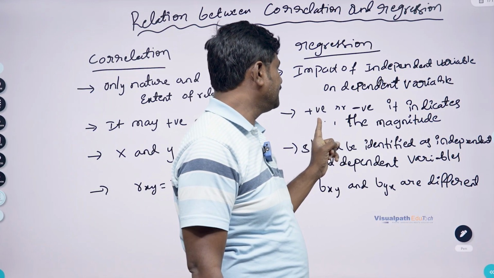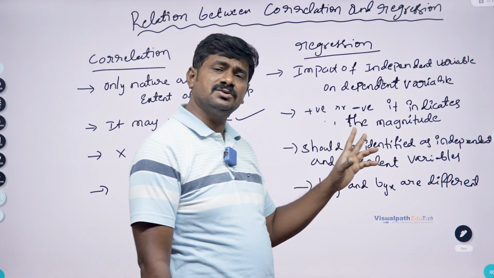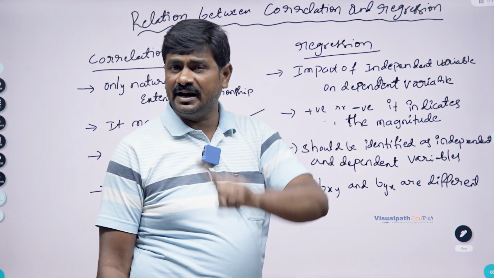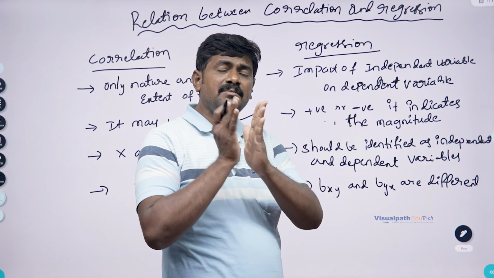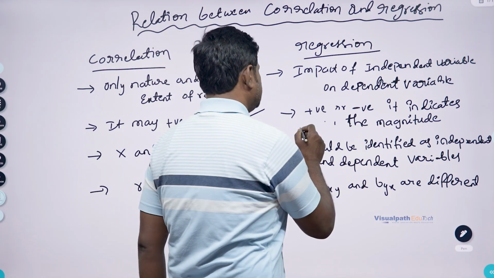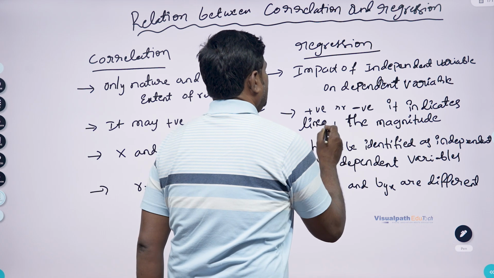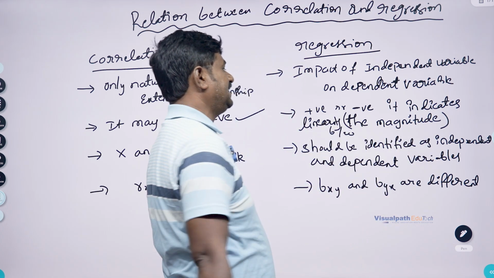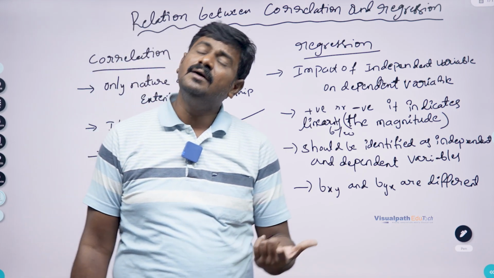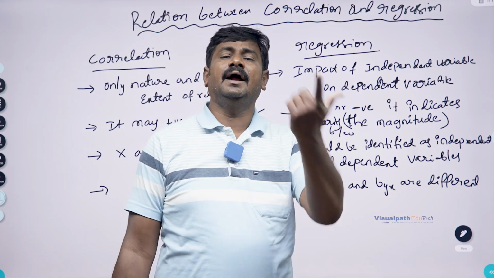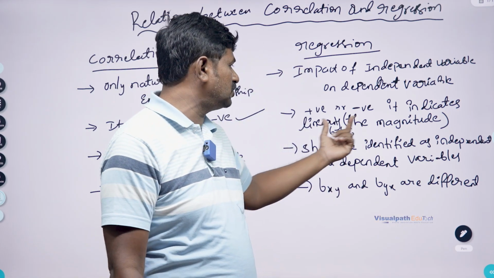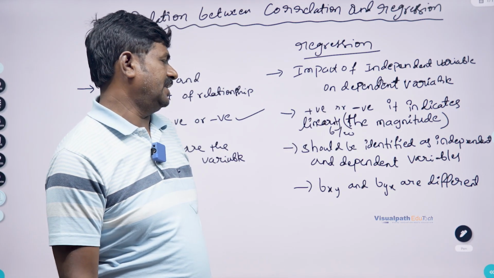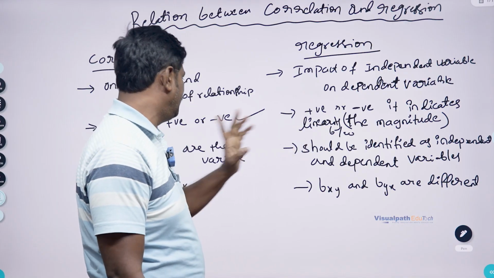Coming to the regression, it may also be positive or negative, but the magnitude indicates the linearity of the relationship. Positive or negative, but how much positively related and how much negatively related is identified from this linearity. So that is linearity between the variables.